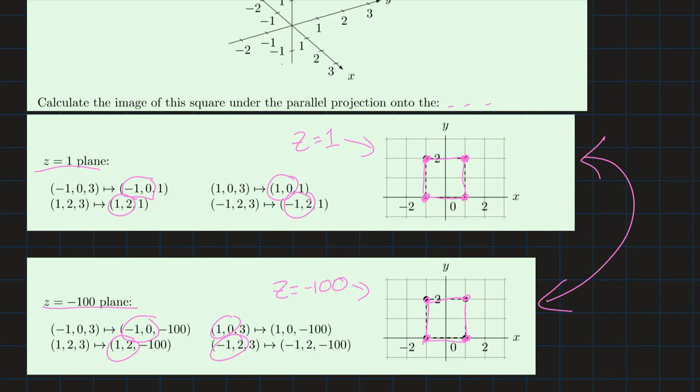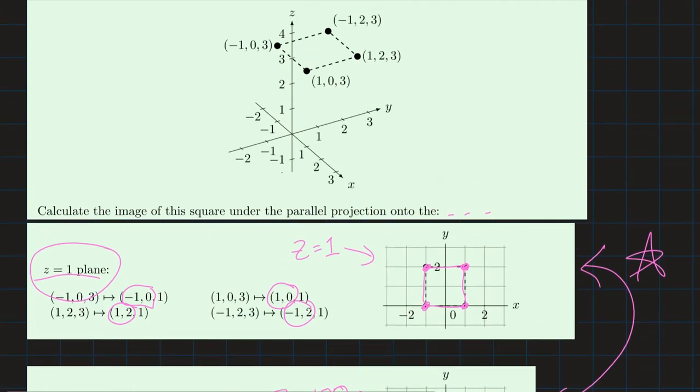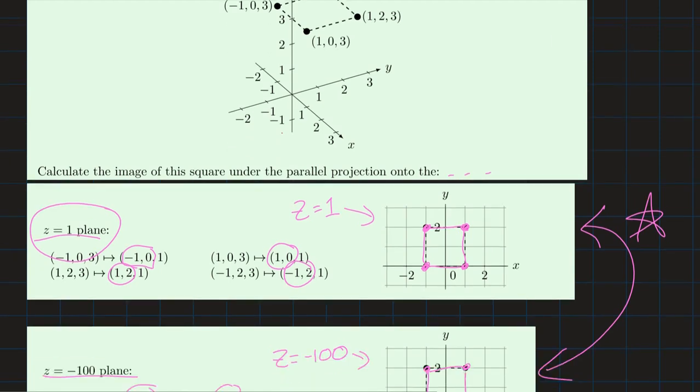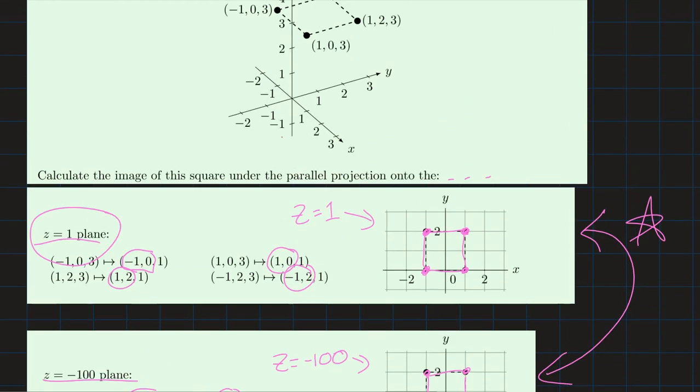This highlights something important about parallel projection: parallel projection can't tell depth. You can't tell how far away an object is. In the first case, I was projecting onto the z equals 1 plane, which is pretty close to the original starting square. In the second case, I was projecting onto the z equals -100 plane, which is miles away from the starting square.